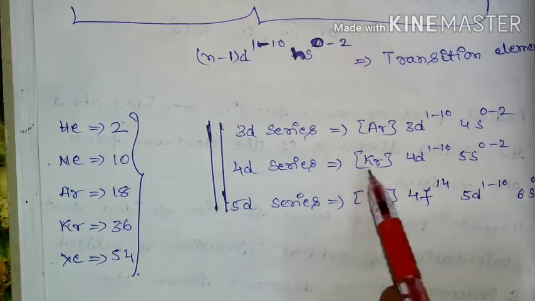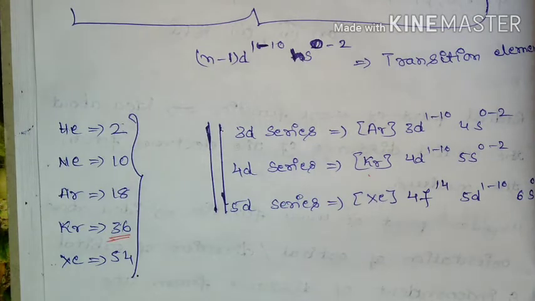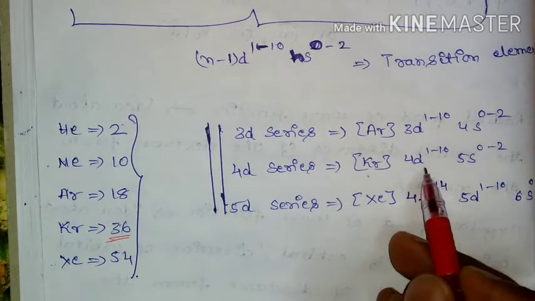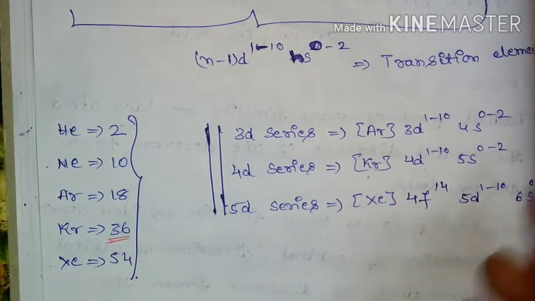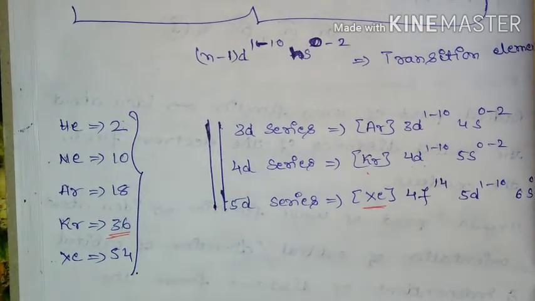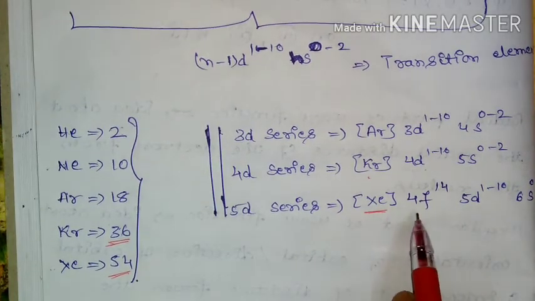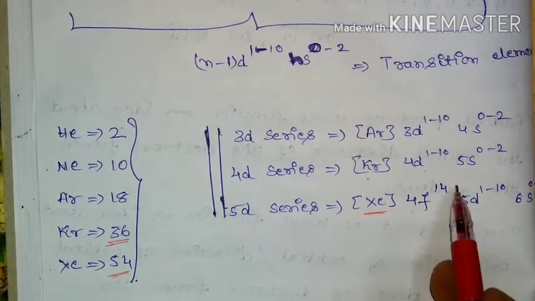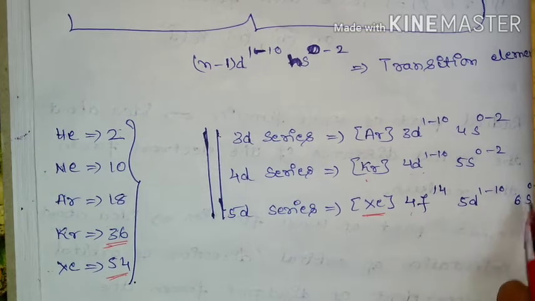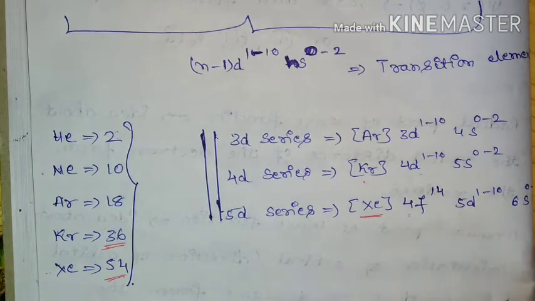If you come for 4d series, it will be krypton, means in core shell there will be 36 electrons, followed by 4d 1 to 10 5s 0 to 2. And for 5d series, core electrons will be 54, that is xenon, and it is going to have 4f14 5d 1 to 10 6s 0 to 2. So this is the general electronic configuration.